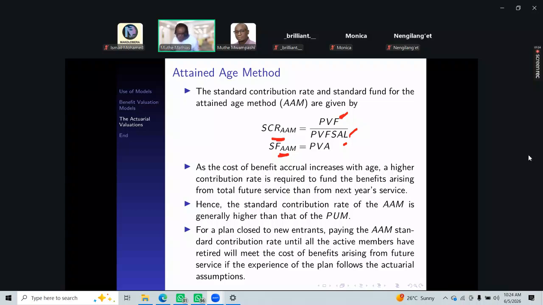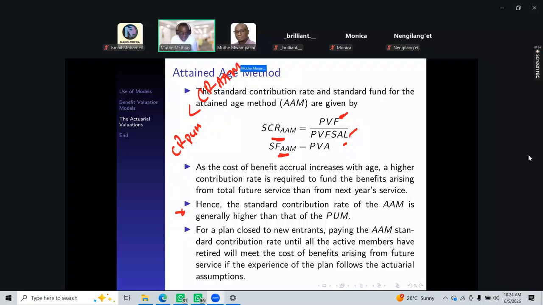Of course, this is just a comment. You can read more about this here. For instance, we are saying that the standard contribution rate, if you compare the projected unit and attained age methods, is expected to be, just one second here. I think this is expected, because if I find the contribution rate under the projected unit method, this will be less than the contribution rate if I use the attained age method, right?